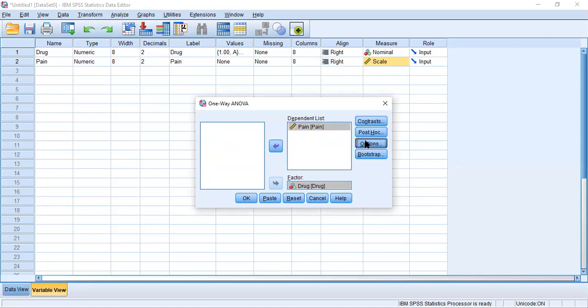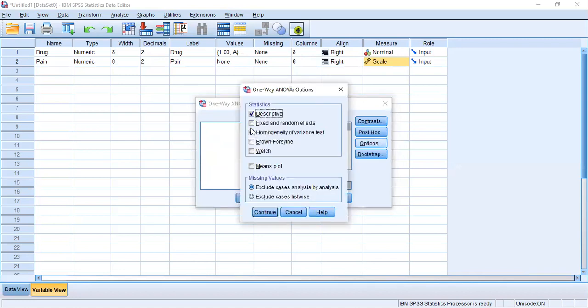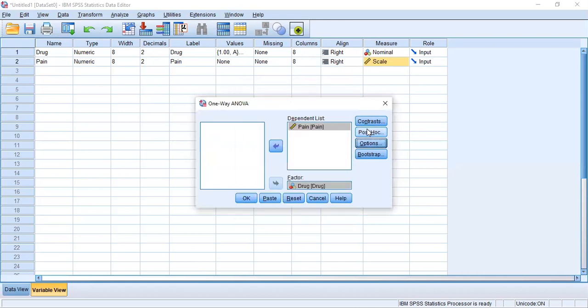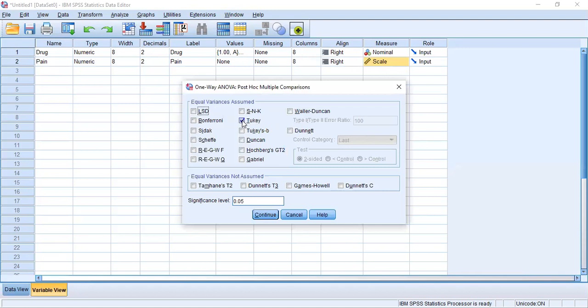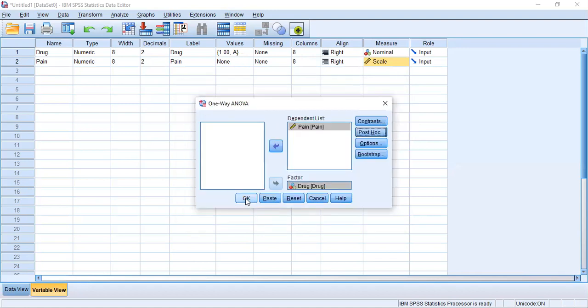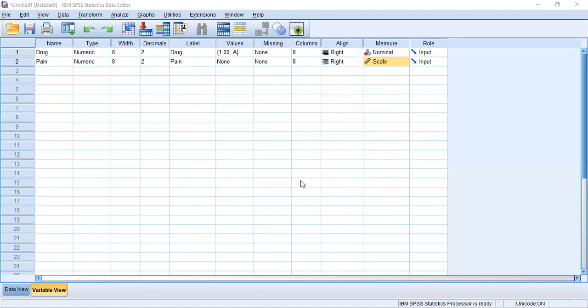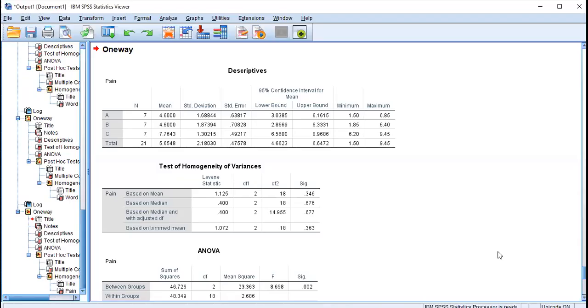We are going for Options, clicking on Descriptives and Homogeneity of Variances test, clicking on Continue, moving to Post Hoc, clicking on Tukey here, and then going for Continue. And then we click on OK, and I'll be moving you to the new sheet called the output file. This output file is before you, where we have got the analysis done.